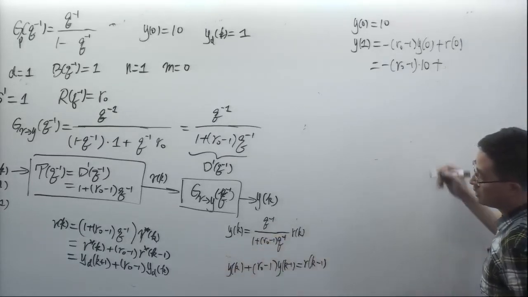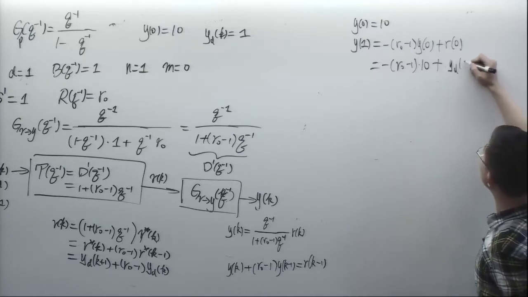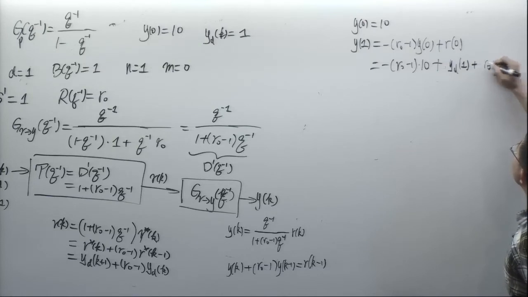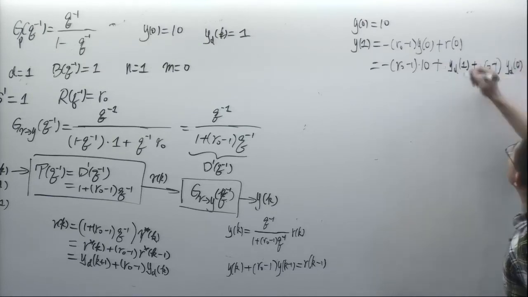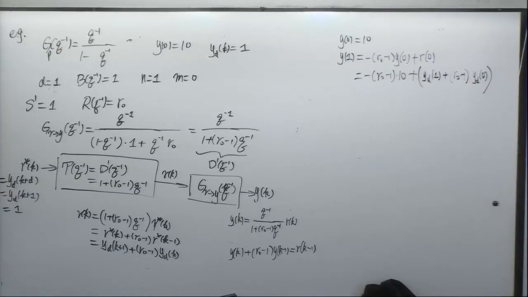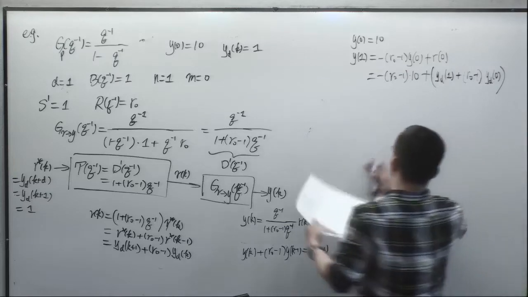So let's see, R0 is YD1 plus R0 minus 1 YD0. So far, so good? All right?